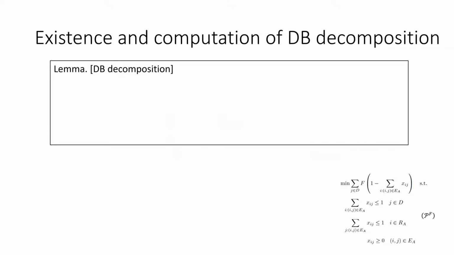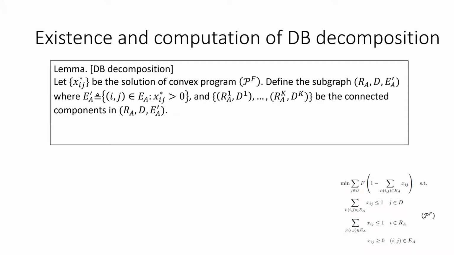And now we have the following technical lemma of this DB decomposition. Specifically, we can assume that X star is the solution of this convex program. Then we can define a subgraph of this bipartite graph, where we consider only the edges whose x_ij star is positive. We define all the pairs in this partition to be the connected components.